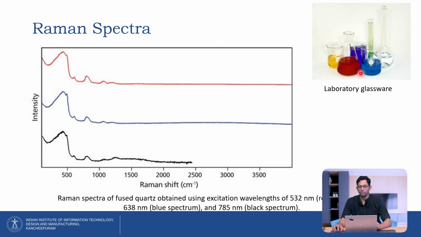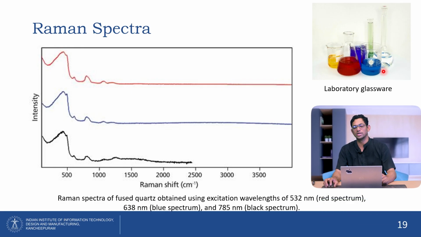When you are doing the study, you always do it in a cuvette. Now the walls of the cuvette also interact with the laser light source, in addition to the analyte that you have inside the cuvette. Each of these materials is made up of silica, or quartz, so they are made up of a certain component, and the Raman signatures of those also need to be removed when you do it for a specific analyte.